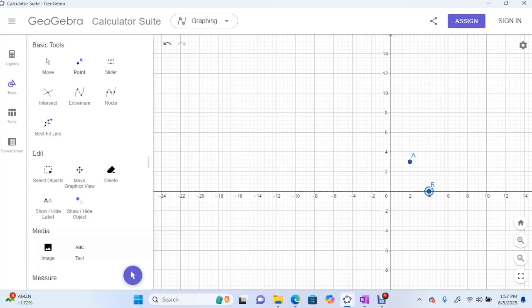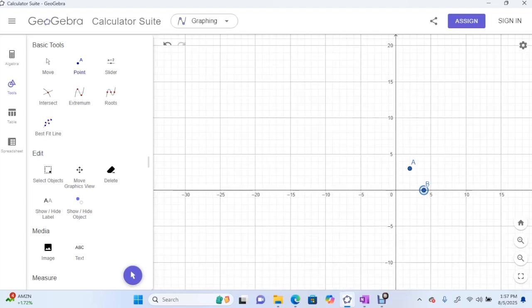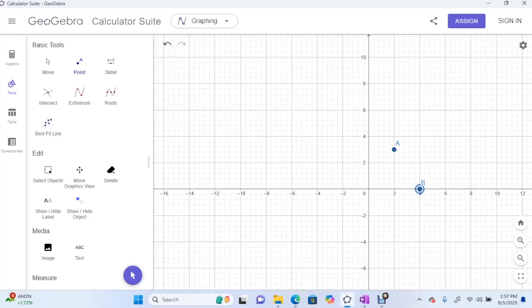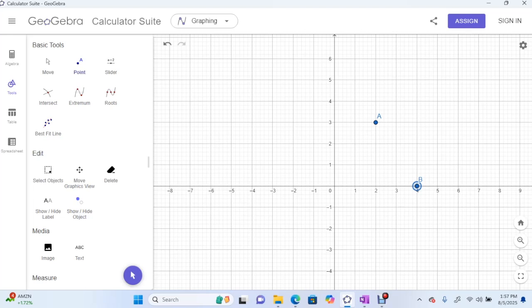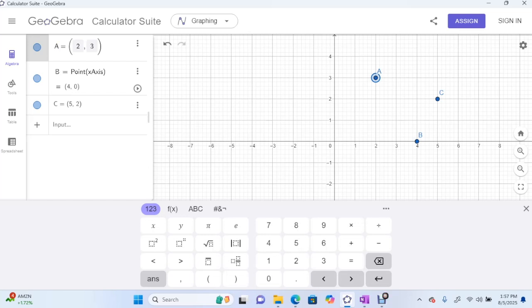And then the last point is L, which is (5, 2). Let me increase this a bit. So 5 and 2 is going to be here. After plotting these 3 points, let me change the points to the variables or letters given in the question.